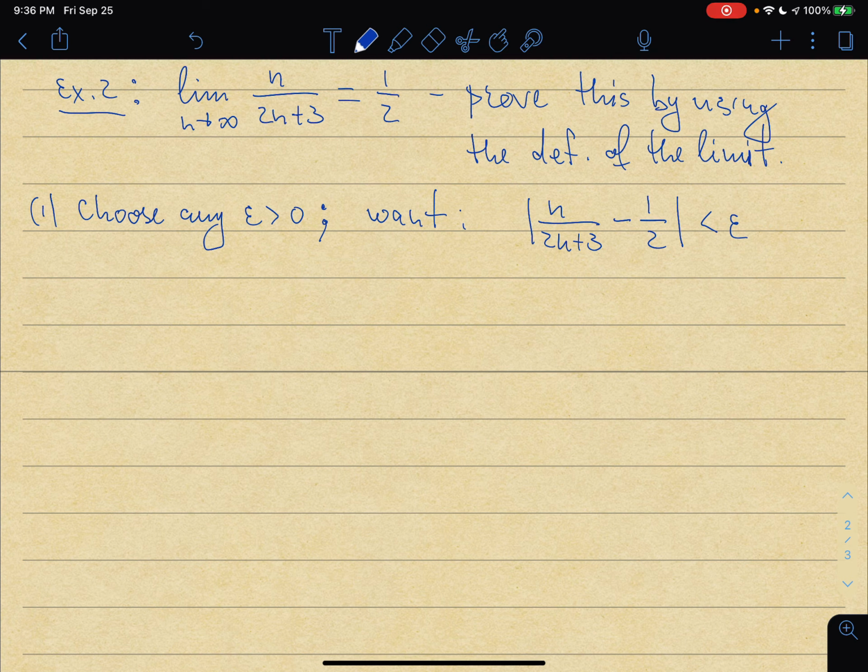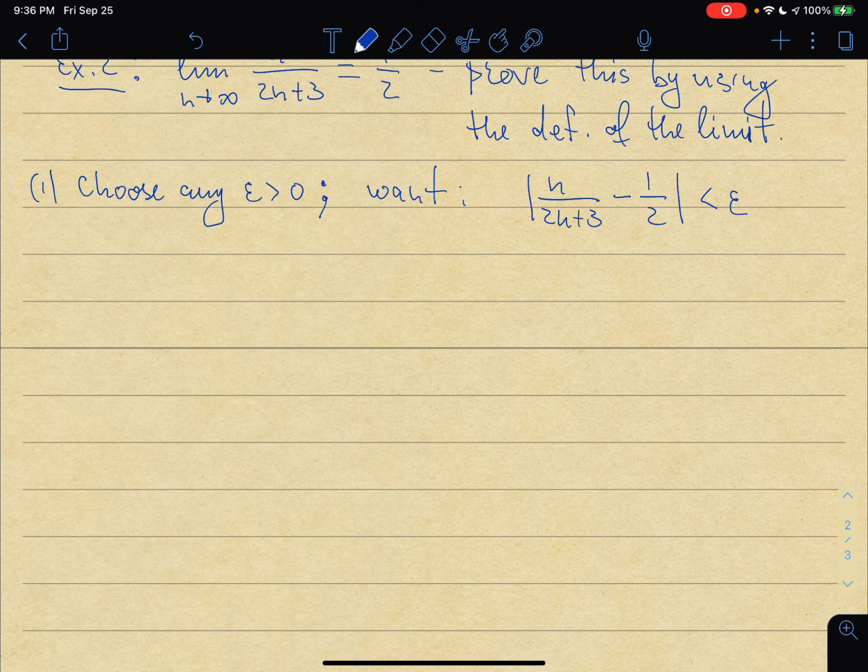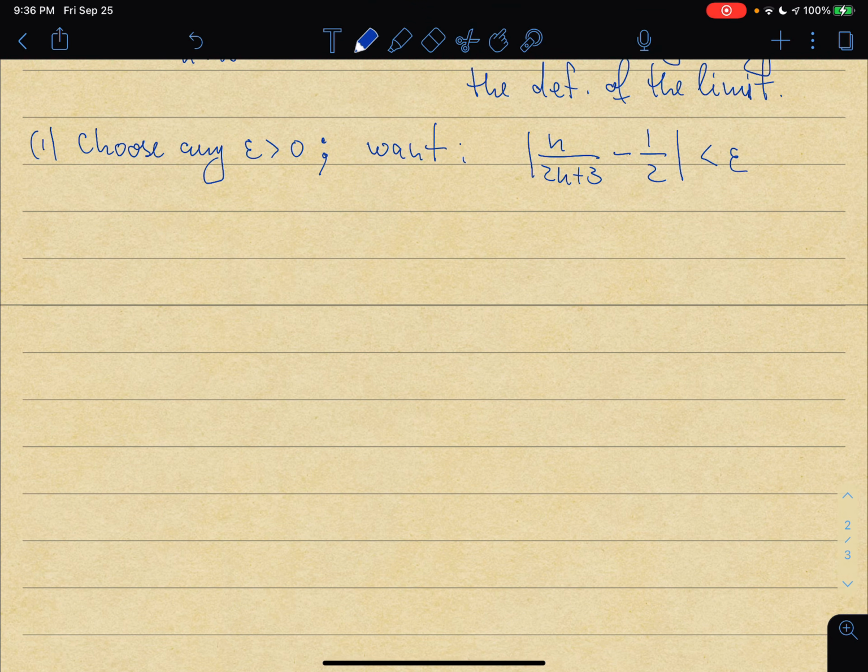And so now I'm going to try to determine from this inequality, in terms of n and epsilon, capital N in terms of epsilon. So essentially I need to solve this inequality for little n. Let's see how we can do this. Well, first of all, I need to put the left-hand side at the common denominator.